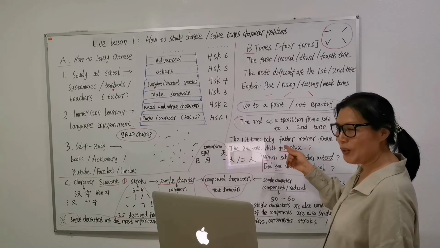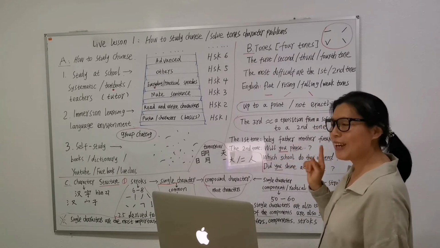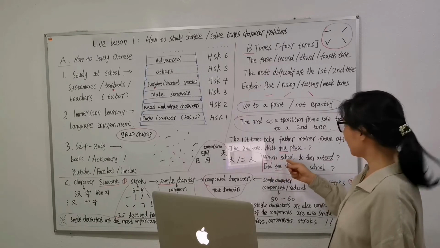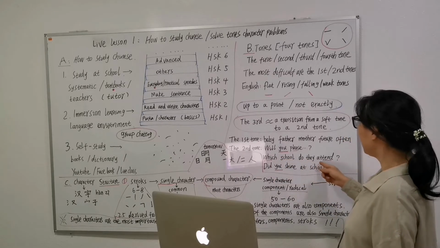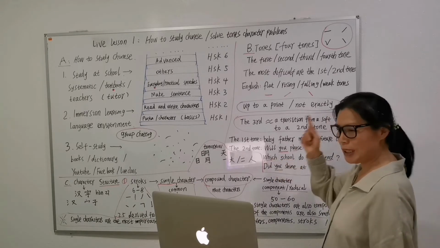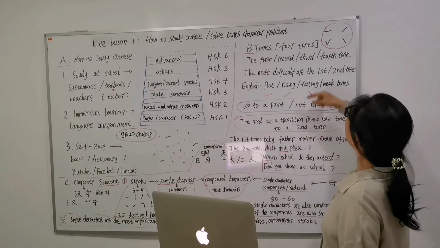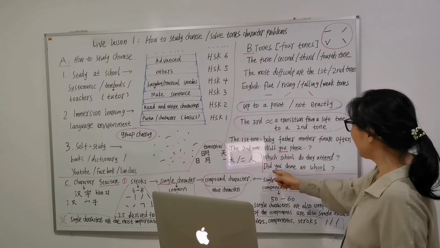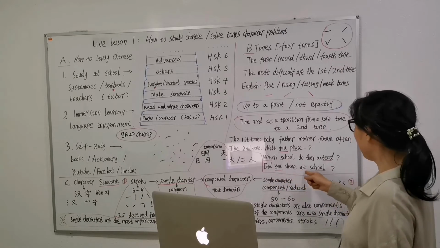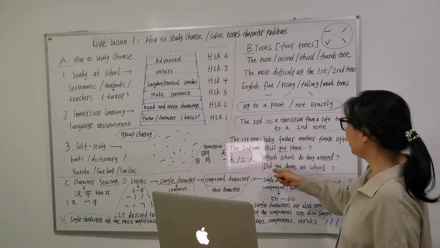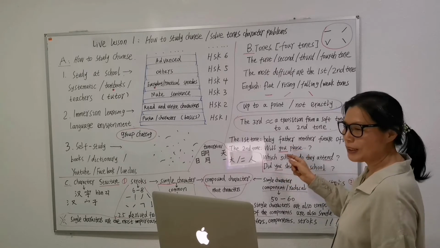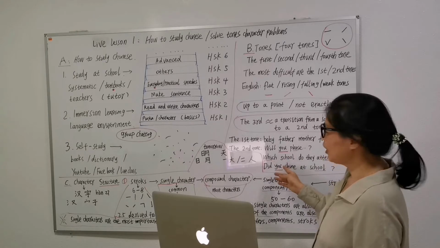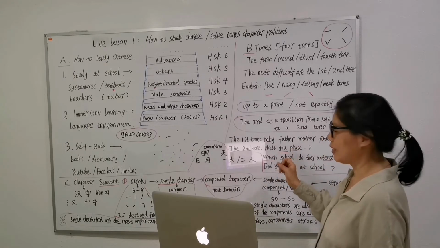Yes, you is the second tone. And this, which school do they attend? Which, we, also the second tone. Now here, did you shine at school? You, the same. So you get the second tone in English questions.